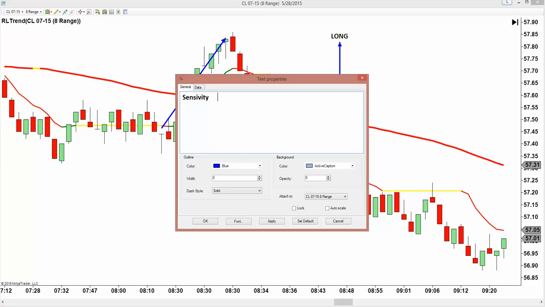Sensitivity is true positives over true positives plus false positives.